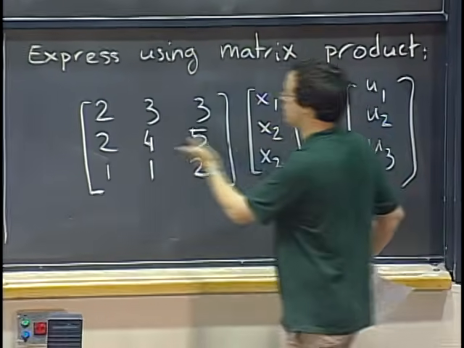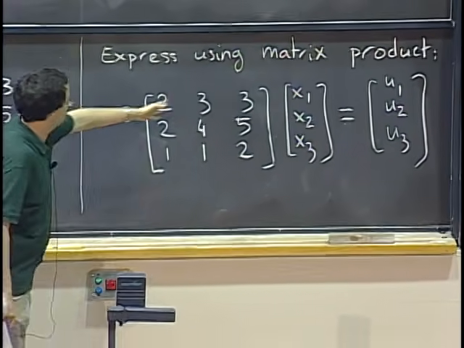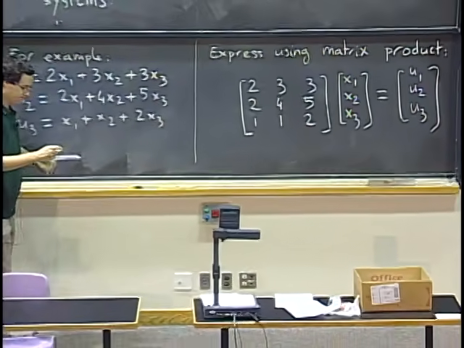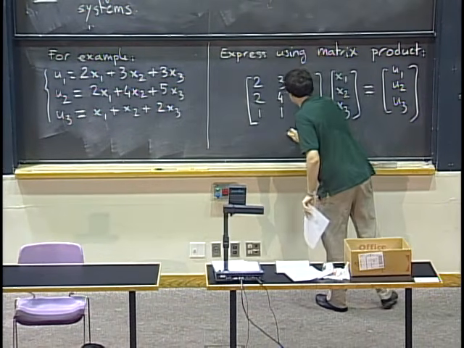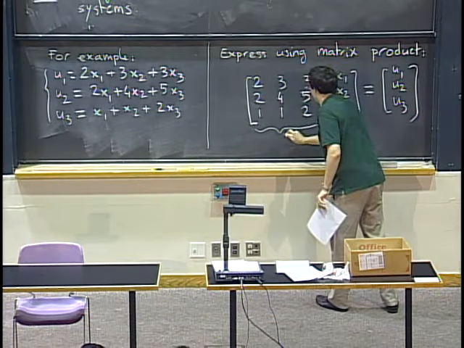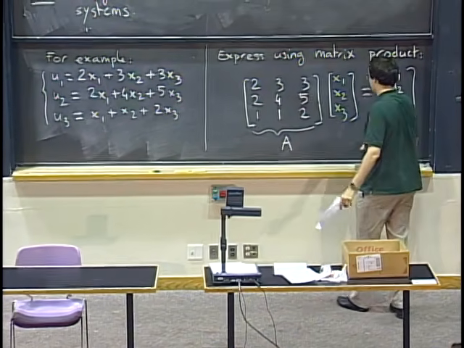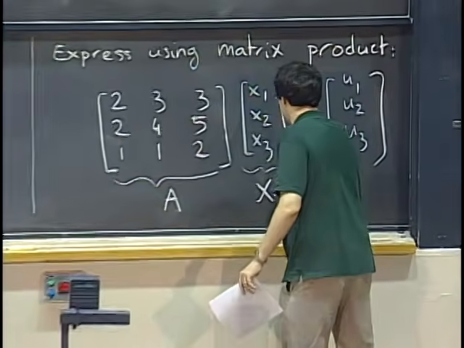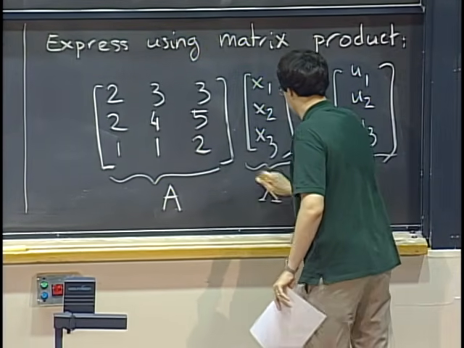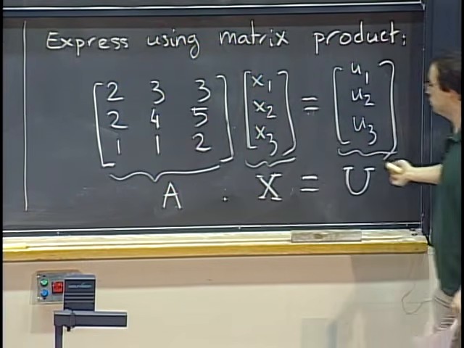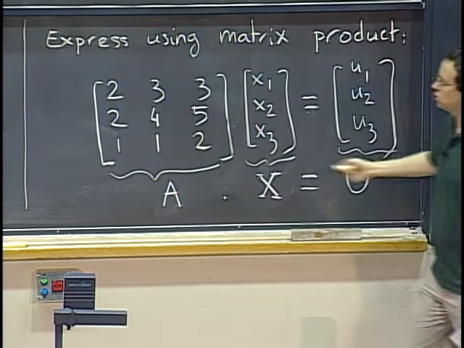Well, what it means is really that we'll take exactly these quantities. But let me just say that more symbolically. So maybe this matrix we could call A, and this we could call X, and this we could call capital U. Then we'll say A times X equals U, which is a lot shorter than that.